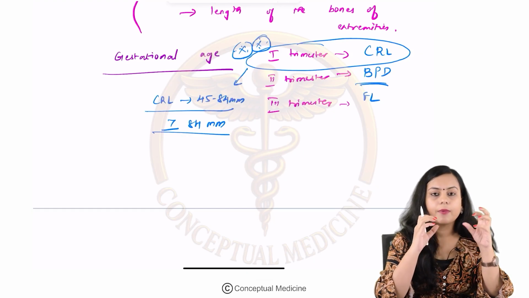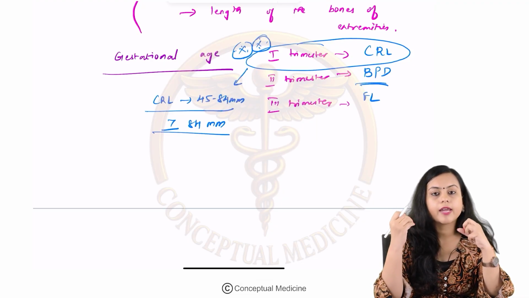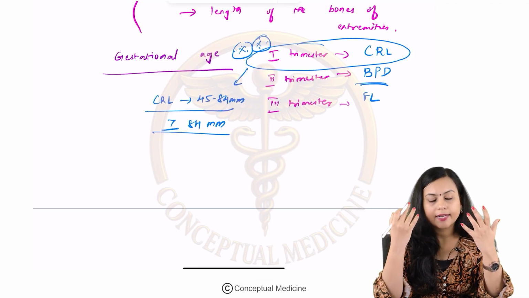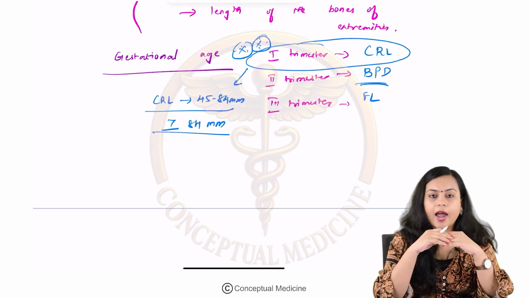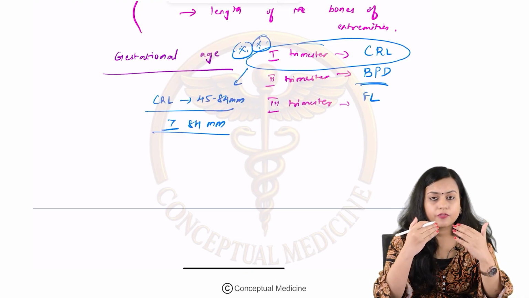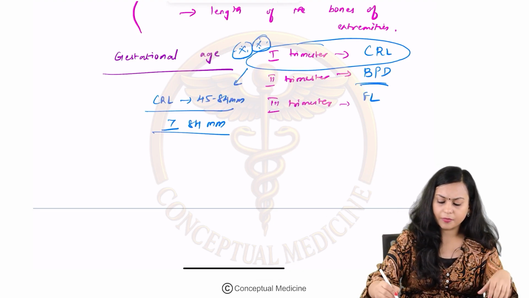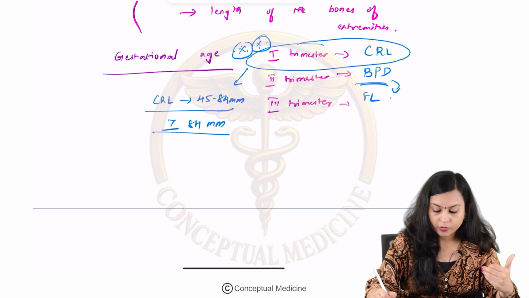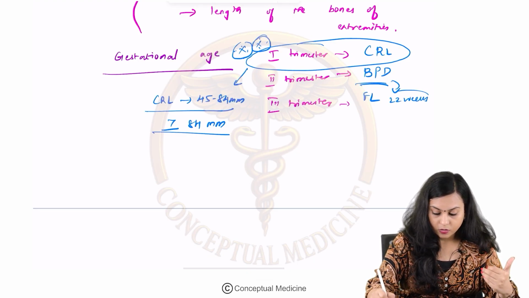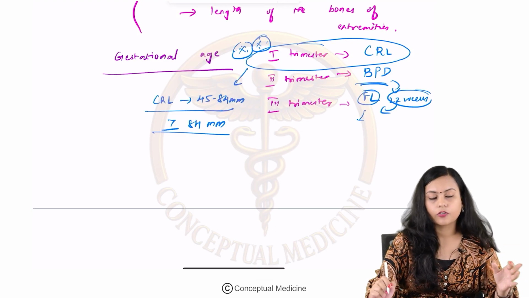So, if you ask me, among the 3 measurements, which is the most accurate for calculating gestational age, it is the crown rump length, right. And the most accurate measurement for estimating the gestational age in the second trimester is the biparietal diameter. And remember, this biparietal diameter can be used to calculate the gestational age only until 22 weeks. Okay. So, when it goes above 22 weeks, you have to go for the femur length.